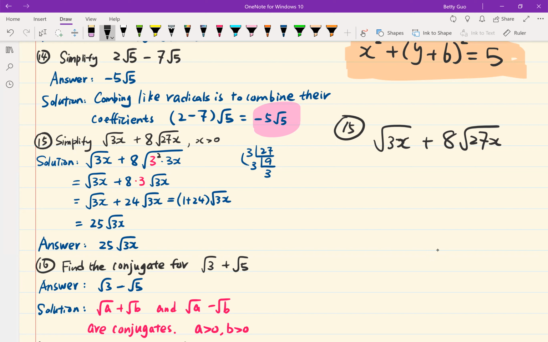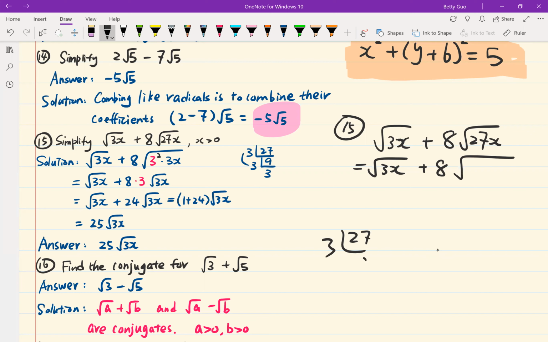But you can see the second one is not simplified yet. The first radical is simplified, but the second one is not. So we need to simplify the second radical. We copy square root 3x, copy 8 here, and we need to simplify 27x.